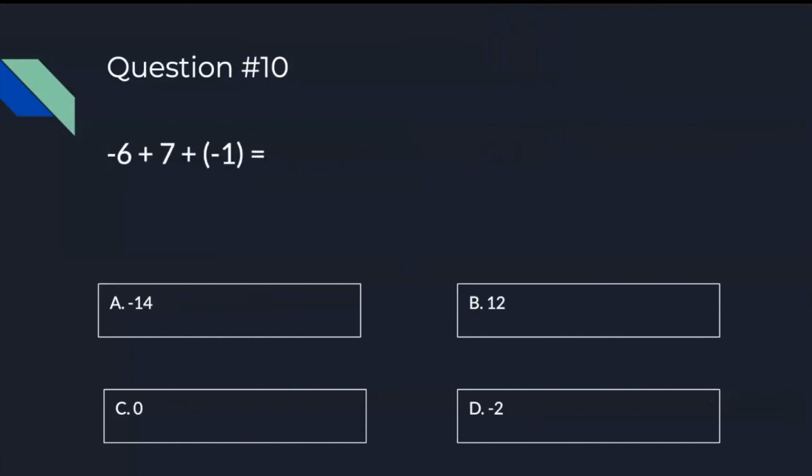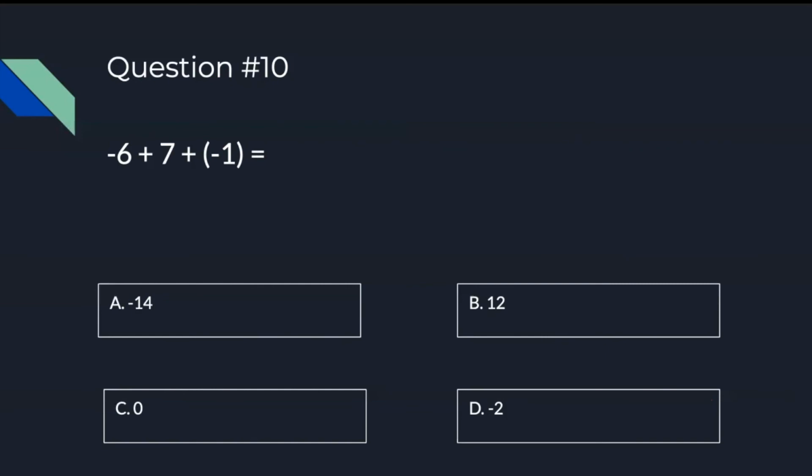All right, negative numbers. I'll give you guys a minute for this one. So it's a bit tricky. All right, so pay close attention. Okay, 1, 2, 3.